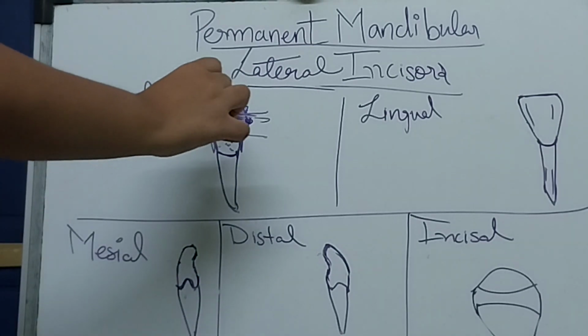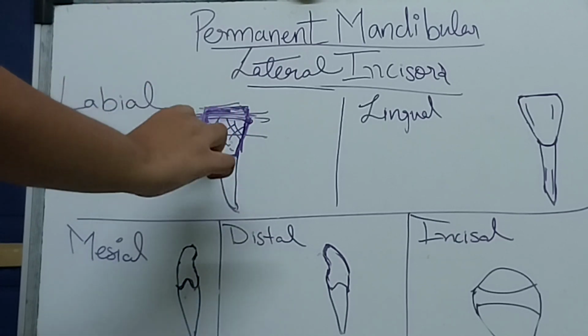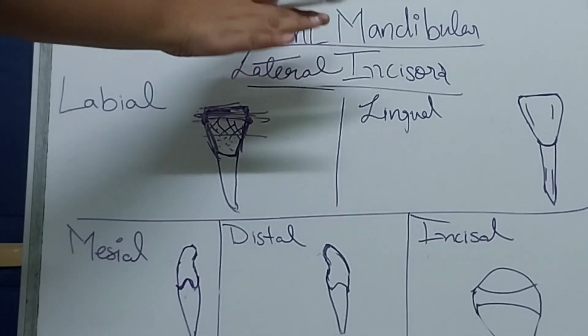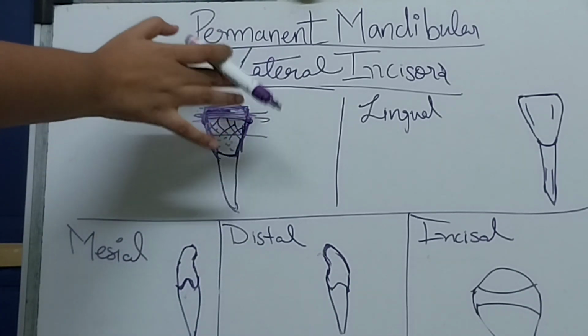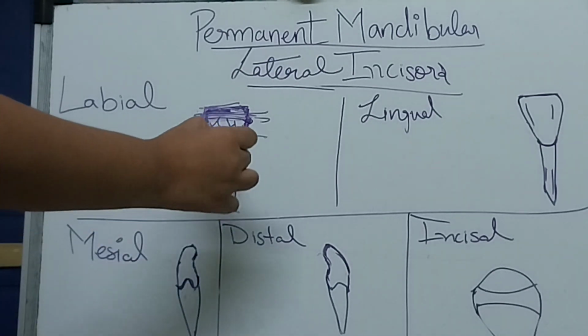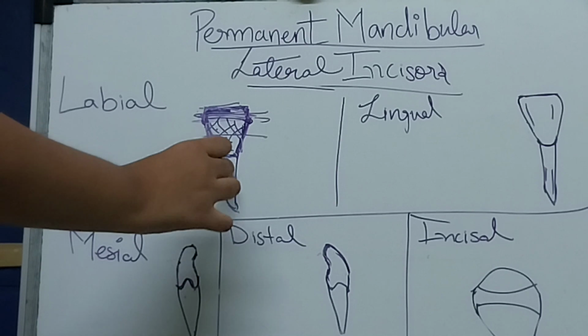So here it was a bit straight, but as we go like this, the outlines taper from the contact area, and the labial surface is smooth and flattened, and the incisal third is more convex at the middle third. Okay, it is more convex over here, and they narrow down to the convexity of the root and the cervical portion. So here the outlines narrow down to form this root.